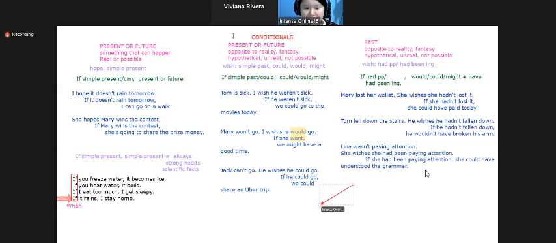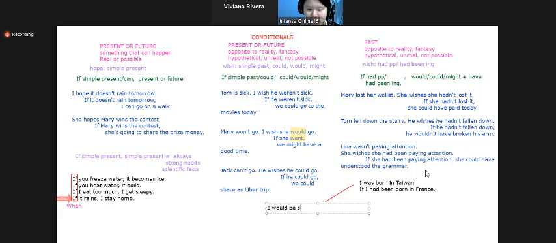For example, let's look at an example. I'm going to change color so you don't confuse it with the others. I was born in Taiwan, right? Okay. If I had been born in France, si yo hubiera nacido en Francia, what language would I be speaking now? ¿Qué idioma estaría hablando?